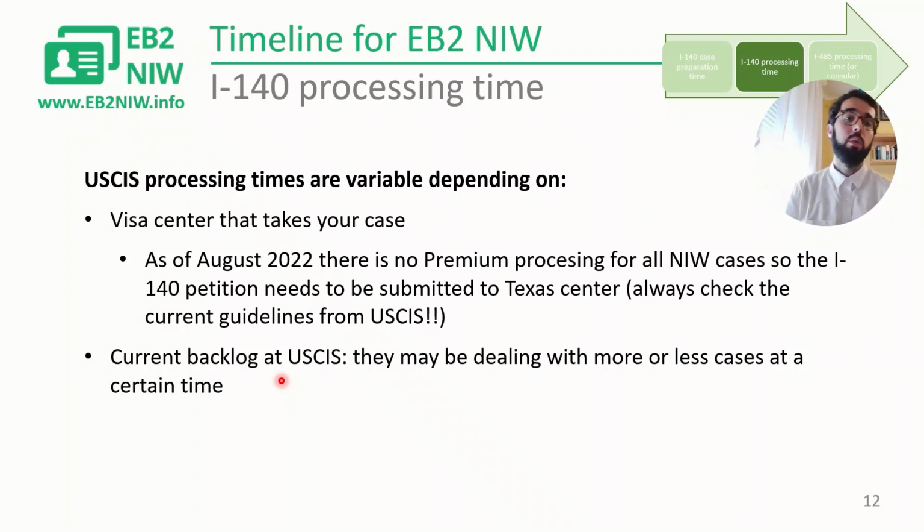So right now you would submit it to Texas, as of summer 2022. There's no premium processing, so everything goes to Texas, but then they may distribute it to a different center, which is Nebraska.